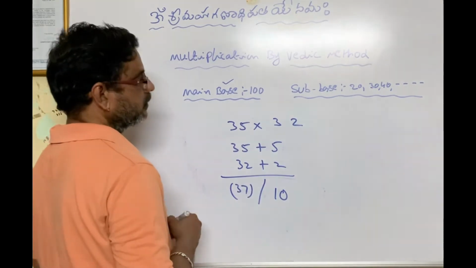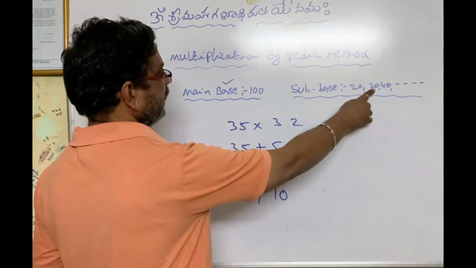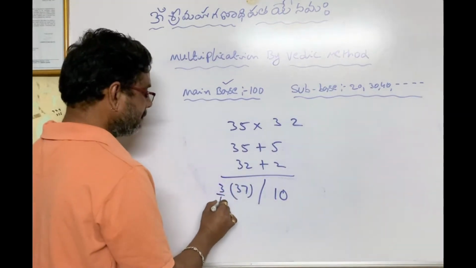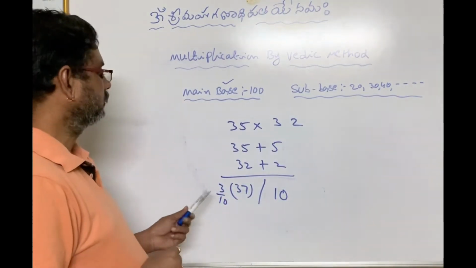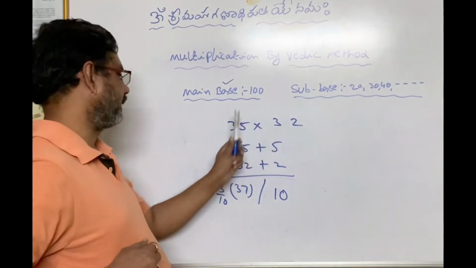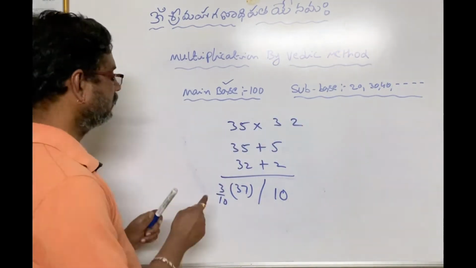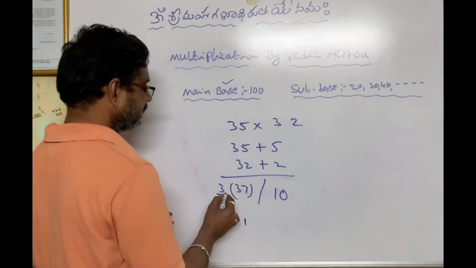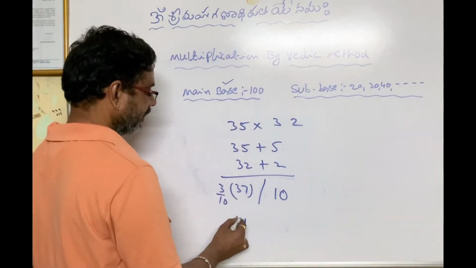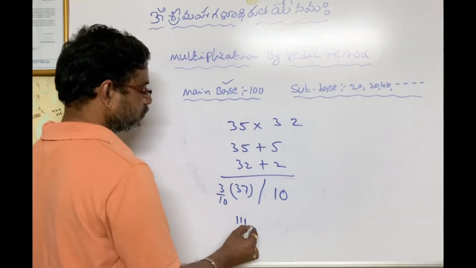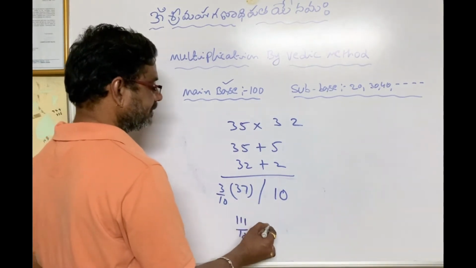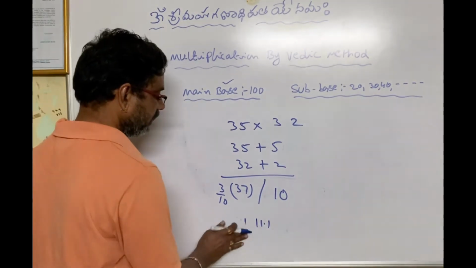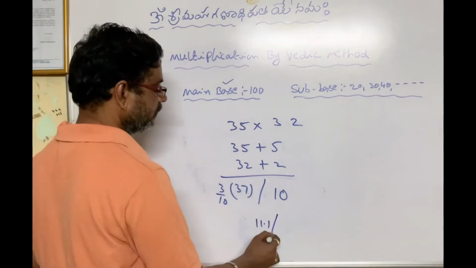37 into Anurupyena: the ratio of sub base and base, 30 by 100, is 3 by 10. Now 37 into 3: 3 sevens are 21, 3 threes are 9, so 111 by 10, which is 11.1.